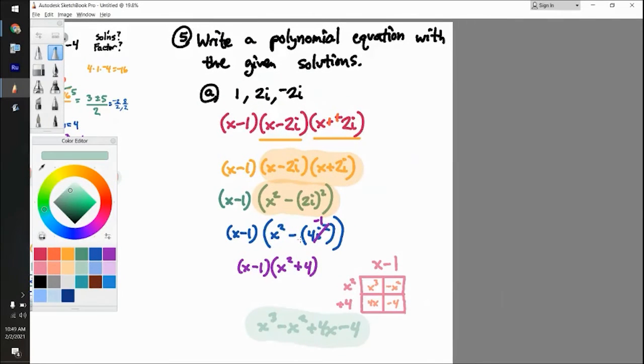Now what's great about this is that we started with 3 solutions, so your answer should be x to the third. And it is, so that tells us that we did it right.